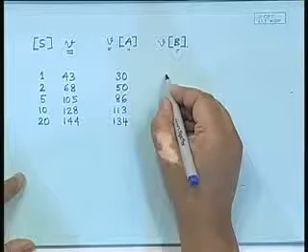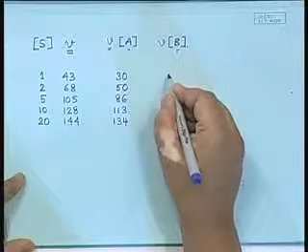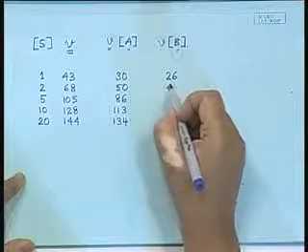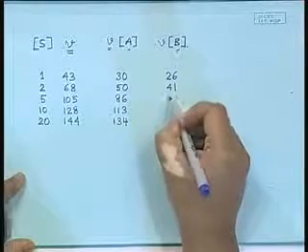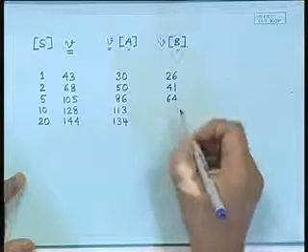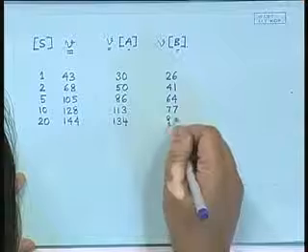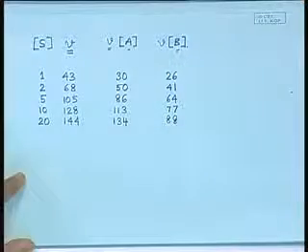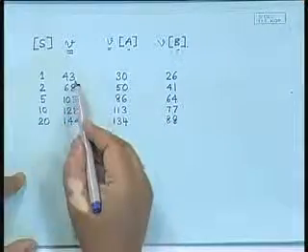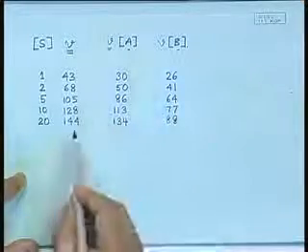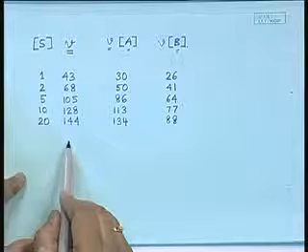For the inhibitor B, we have 26, 41, 64, 77 and 88. Okay. You see how the initial velocities have decreased compared to the uninhibited enzyme.